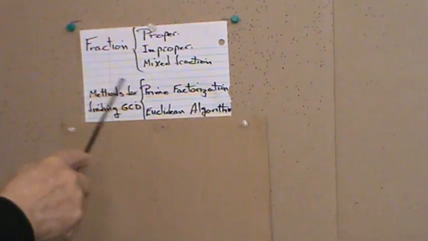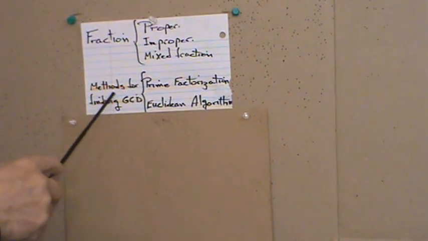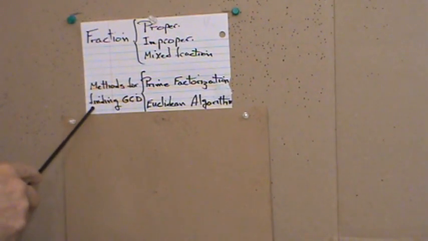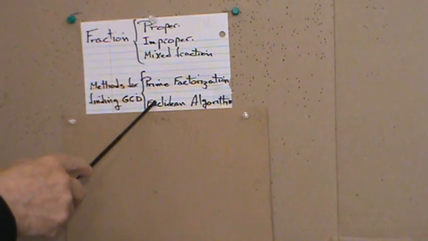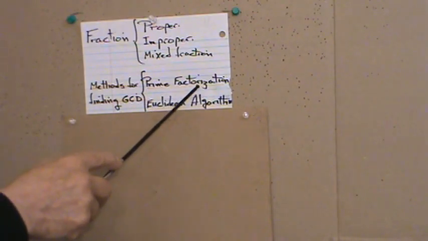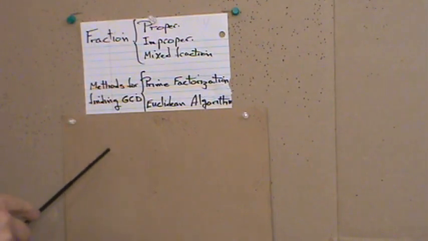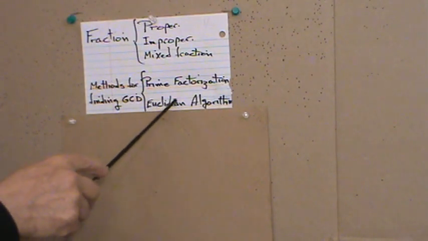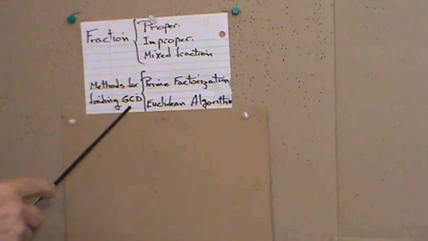Okay, I have already talked about proper, improper, and mixed numbers. Now, for the method of finding the greatest common divisor, we are going to cover two methods. One is the prime factorization method that I am going to discuss in this lecture, and the other is the Euclidean algorithm.